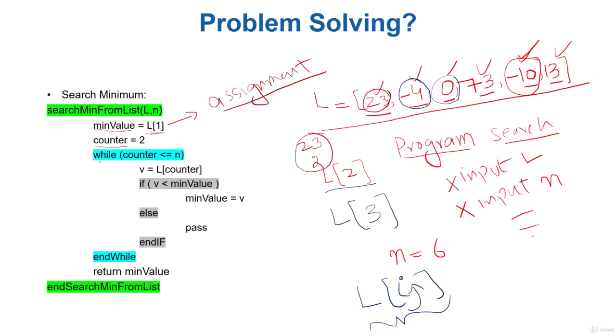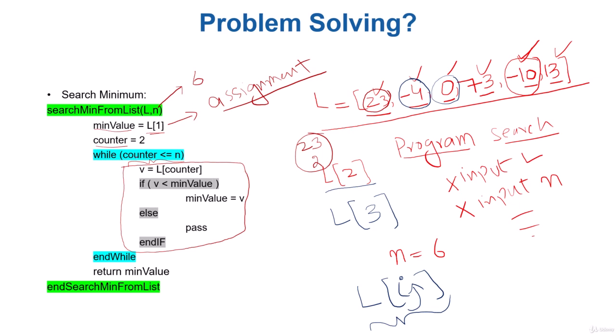Now we apply a loop: while counter is smaller or equal to n. Remember, the value of n for this particular example is 6, and counter here is 2. So because counter has value 2, while 2 is less or equal to 6, first check whether this condition is true or false. If this condition is true, then you will go to the body of the loop, and this whole box will execute.